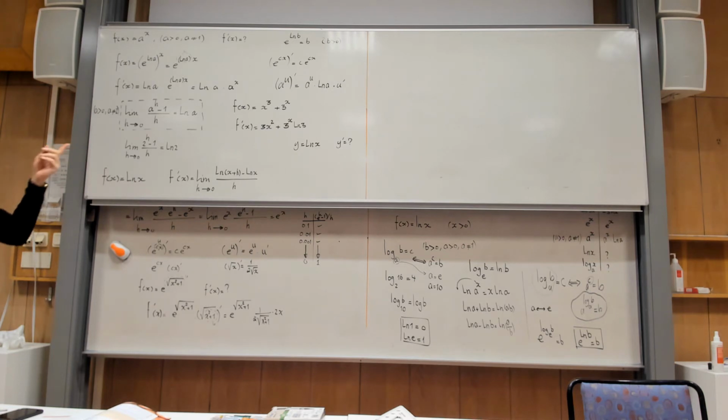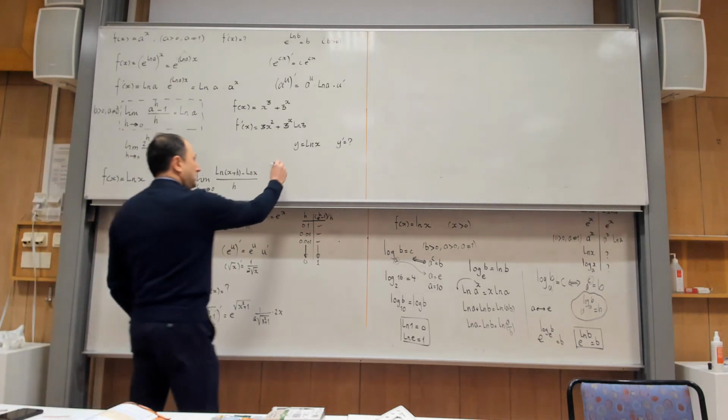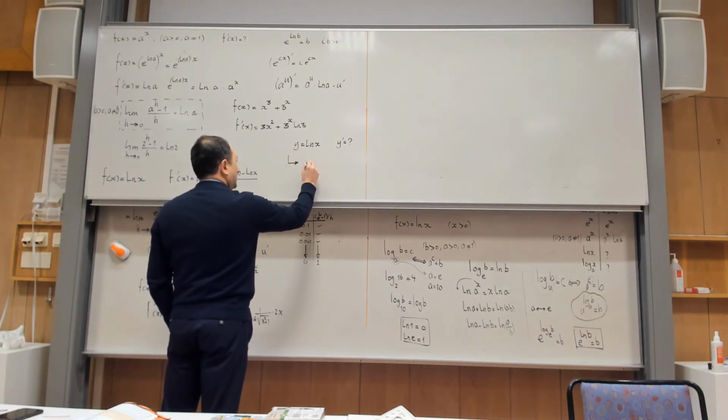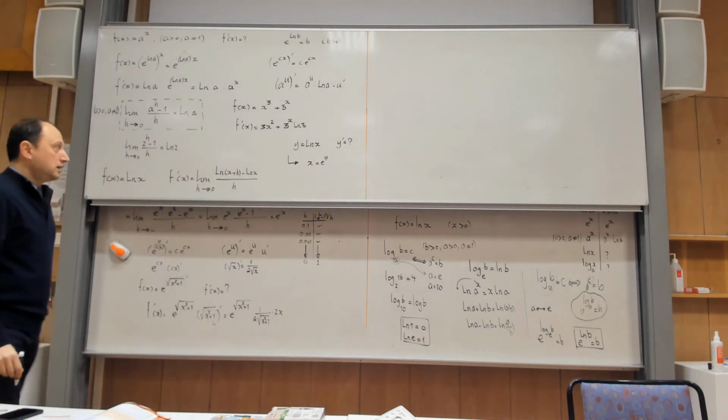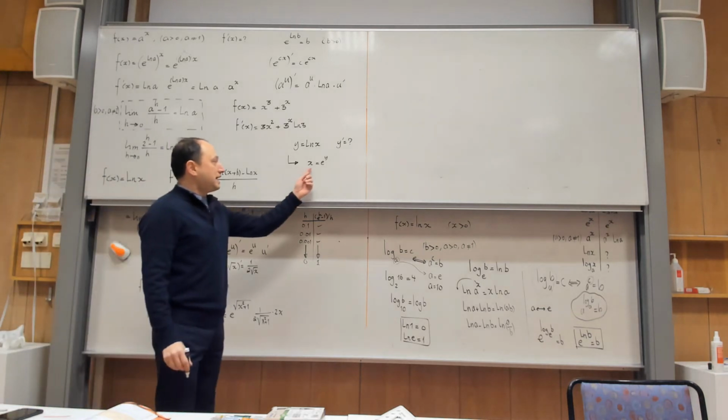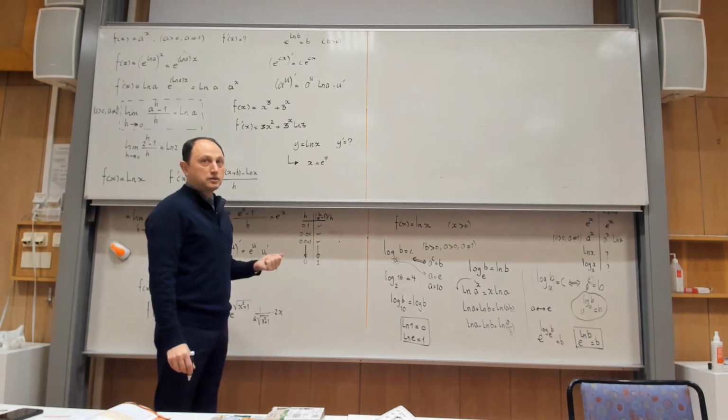What is x? Can you tell me what is x? If y is equal to ln of x, what is x? Yes? E to the power y. So from here, you can get this that e to the ln x is e to power y, yes? Okay, now you can view this as equality of two functions.